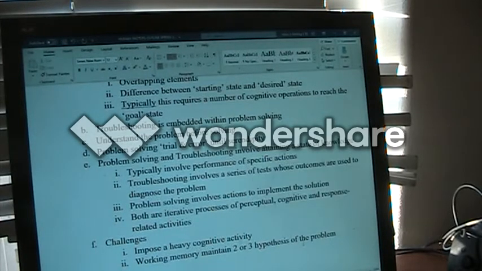And obviously, depending on what it is, there may be way more than 2 or 3 possibilities. I should say active hypotheses.